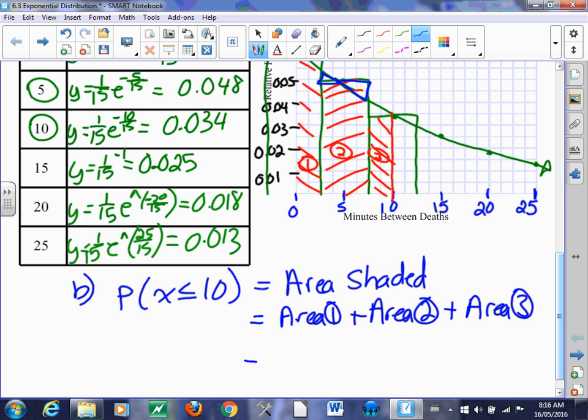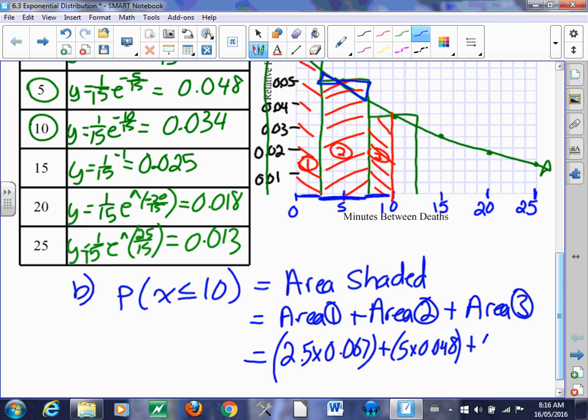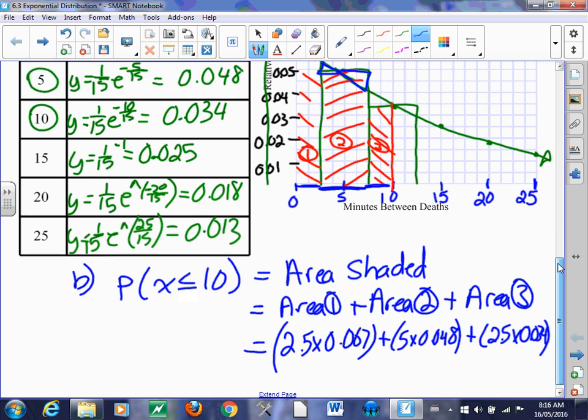Awesome. Okay, so area 1, folks, only has a distance of 2.5 across and 0.067. Area 2 has a distance of 5 across, so it's going to be 5 times 0.048. And then area 3, again, only has 2.5, times 0.034. All right, plug that in your calculators, folks.